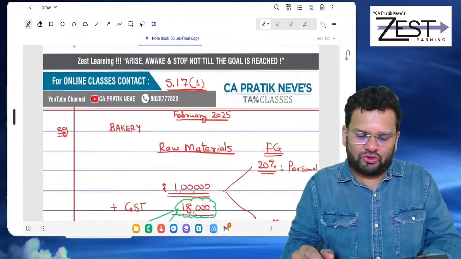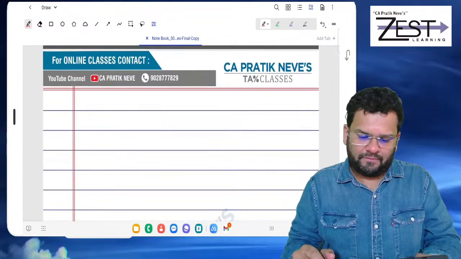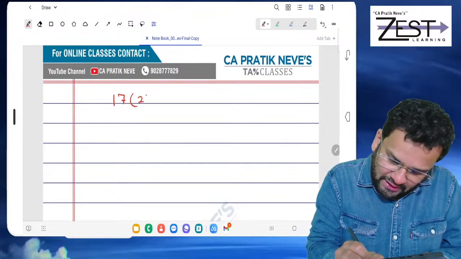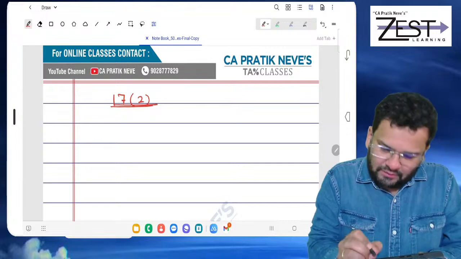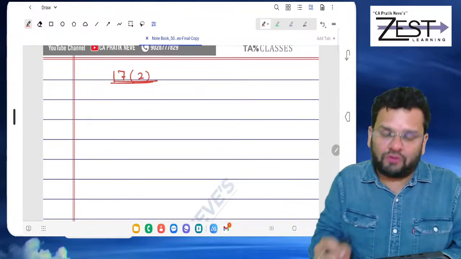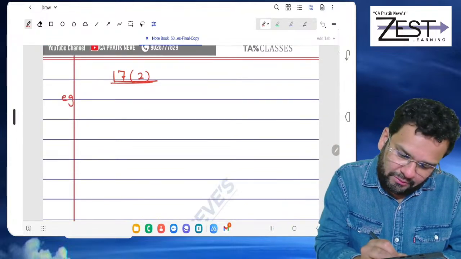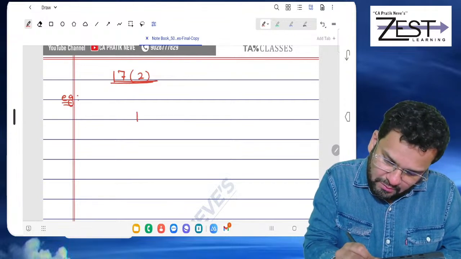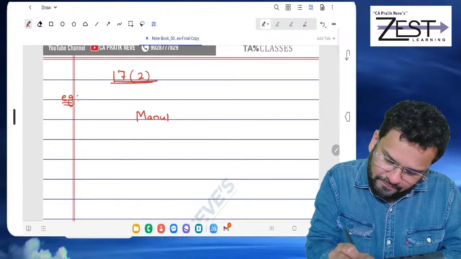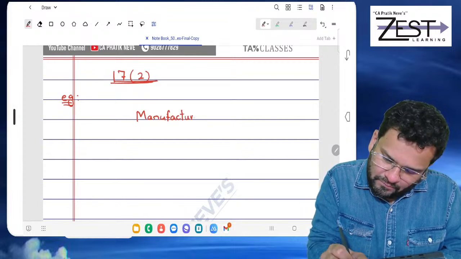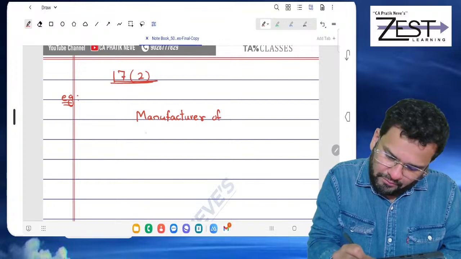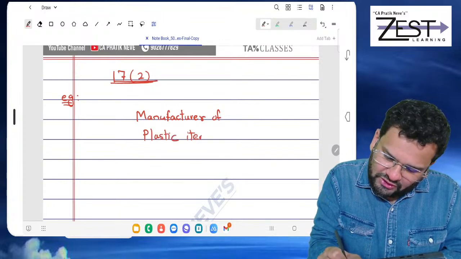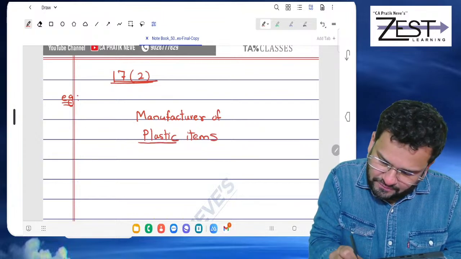Okay, so may I go to 17(2) now? What is 17(2)? Again, I would like to start with an example. Tax learning should always be full of examples. Then only it makes sense, isn't it? Suppose you are a manufacturer of plastic items.